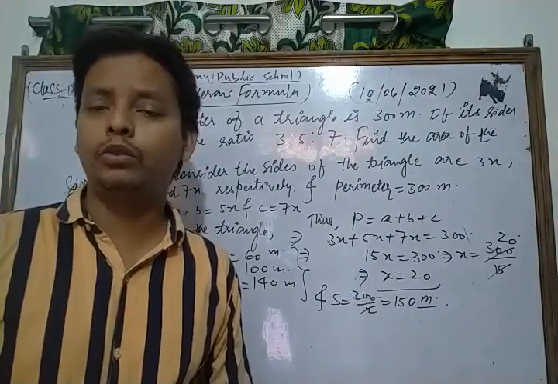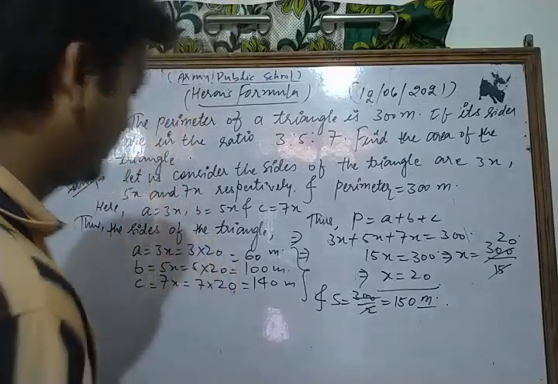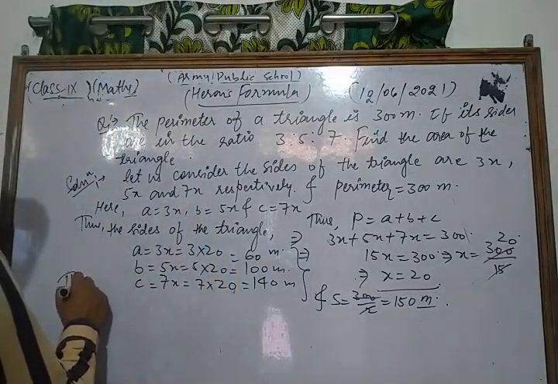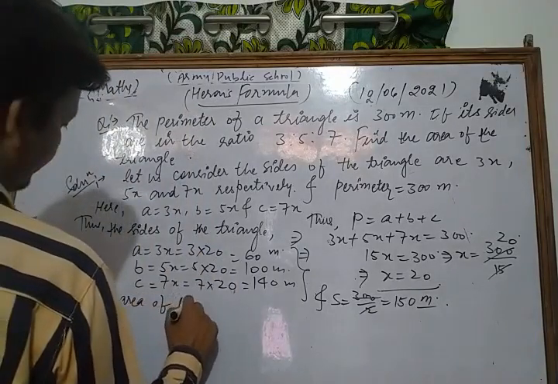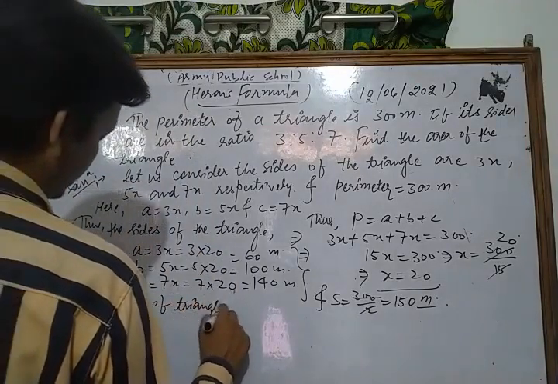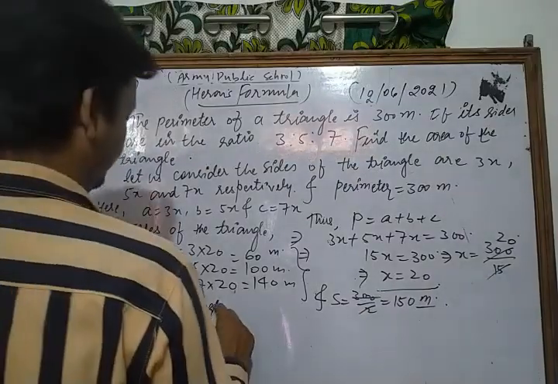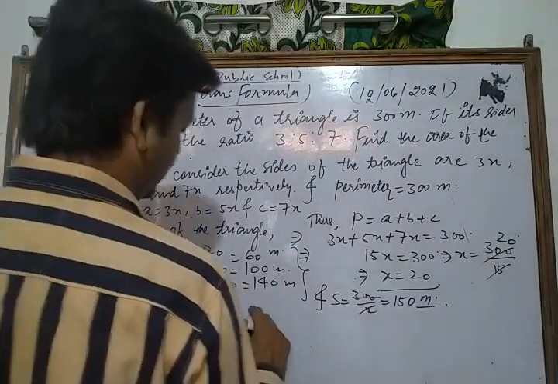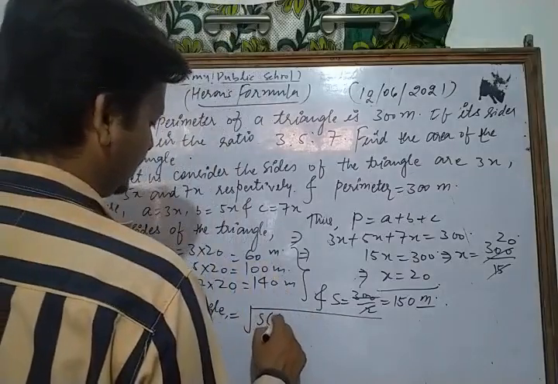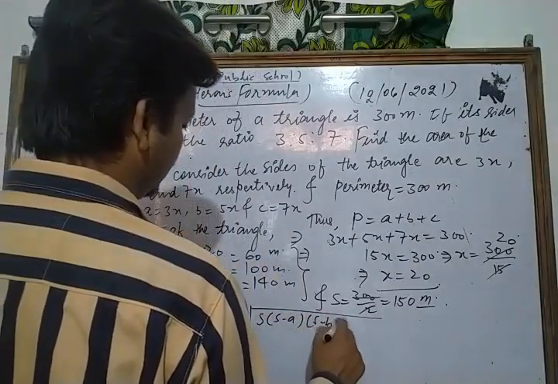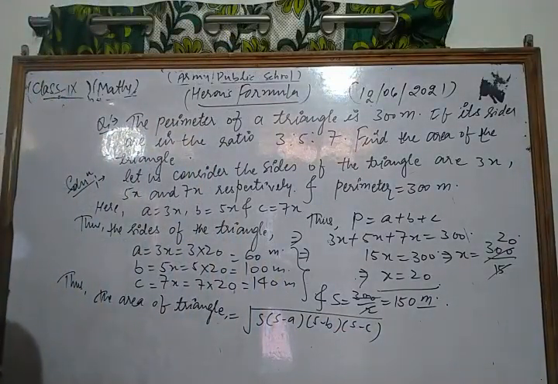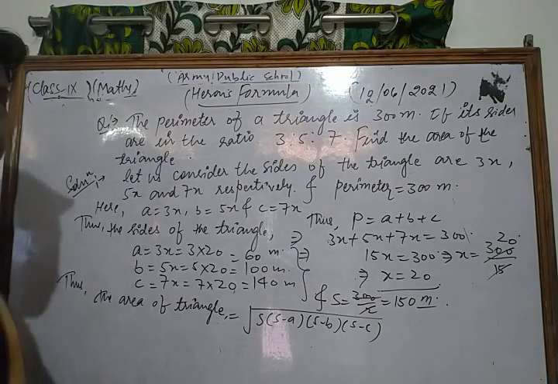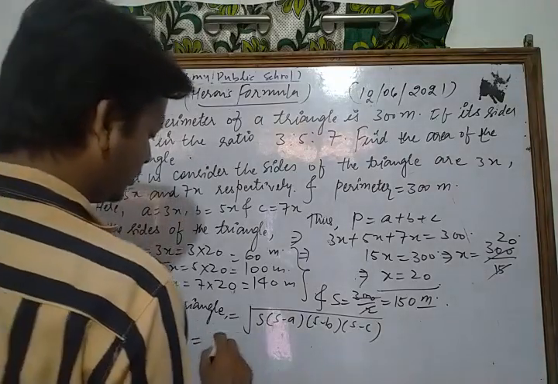Now we find the area of the triangle. The area of triangle ABC is under root S into S minus A into S minus B into S minus C. Now we put in the values.